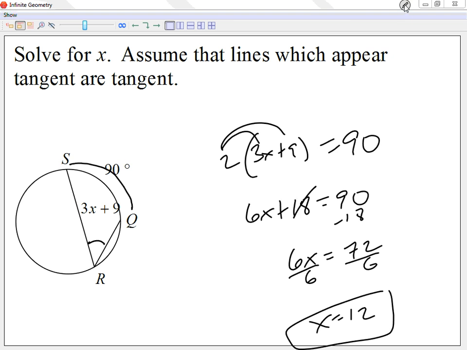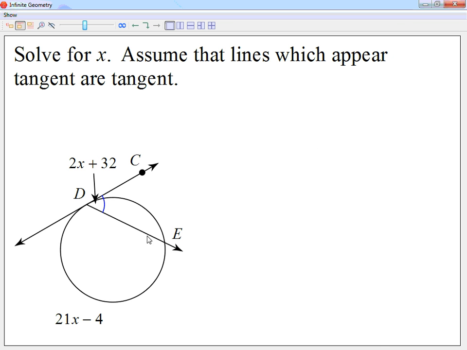Now the tricky part is, what if the angle does not make that arc? So this angle here is 2x plus 32. So I'm going to say this arc right here is going to be 4x plus 64, because I multiply the angle by 2. That arc is 4x plus 64.